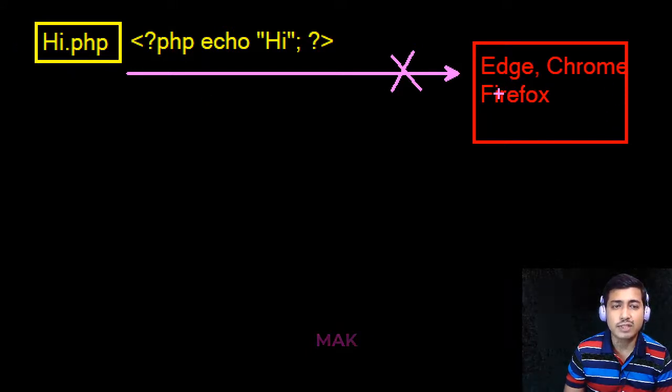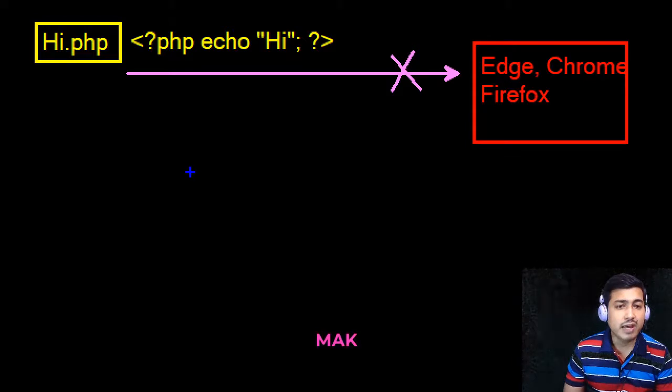It can be any browser, because the DOM is designed to handle only HTML files and XML files. So we need a handler, and that handler is a local server. PHP is a scripting language because it requires a server.